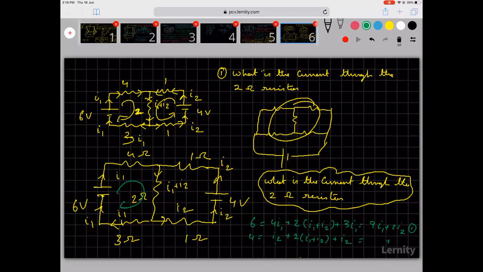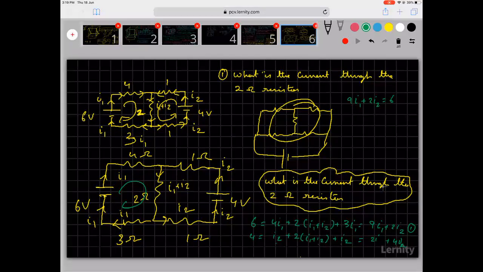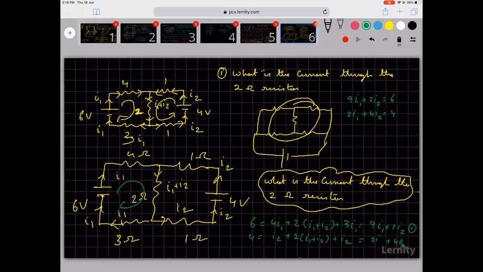So I have two equations. 9I1 plus 2I2 is equal to 6, and I have another equation, 2I1 plus 4I2 is equal to 4. Now I have to solve them. I can multiply the first with 2, and I'll get 18I1 plus 4I2 is equal to 12.